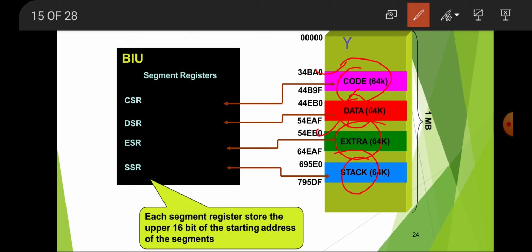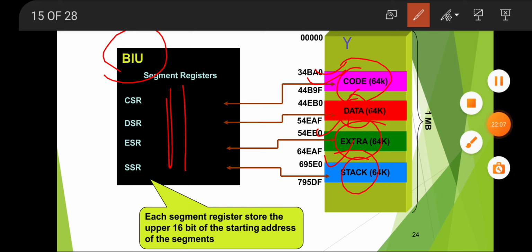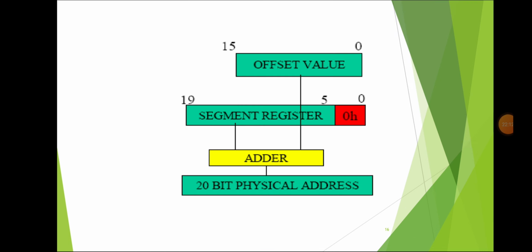These are the starting points, and they are stored in the BIU registers. In those registers these starting addresses are stored.